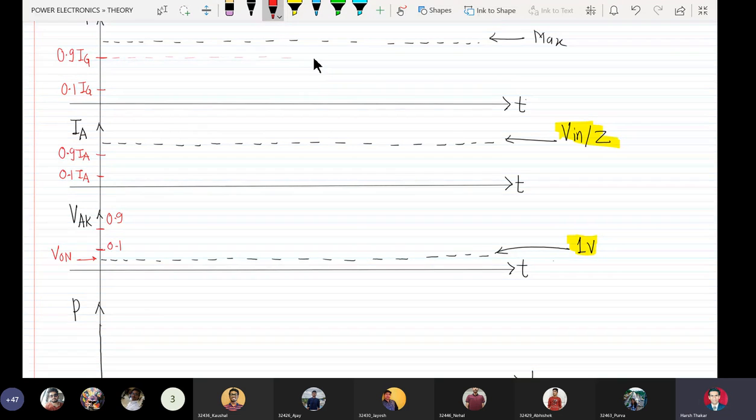So we will mark these levels, that is 90% of Ig, that is 0.9 Ig. We will also mark another level, that is 10% of Ig.